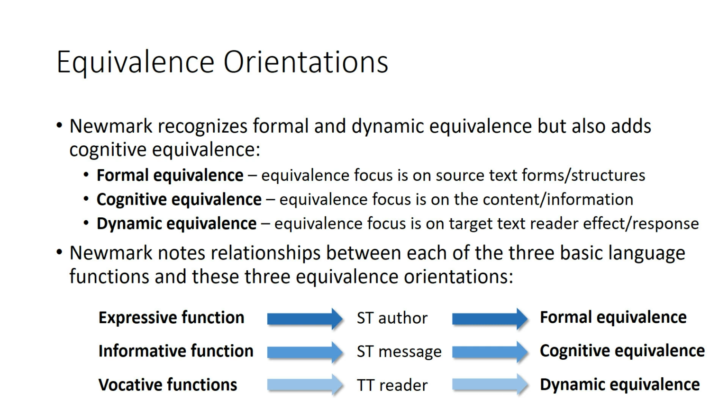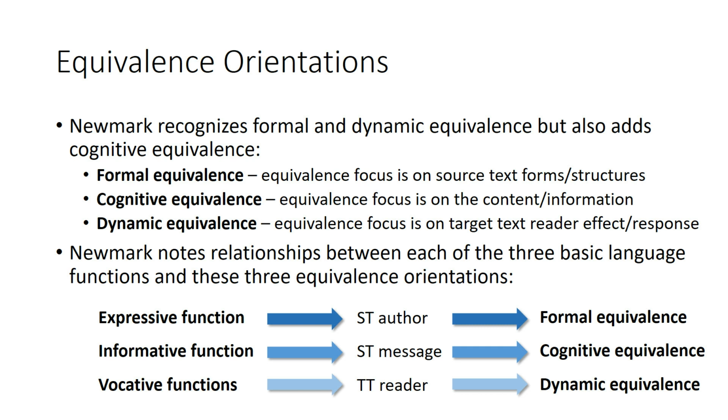So for Newmark, formal equivalence is, our focus for equivalence is on source text forms and structures, source language forms and structures. We want our target text to reflect those, to be equivalent, as similar as possible. Cognitive equivalence just means equivalence of message, equivalence of information, content.